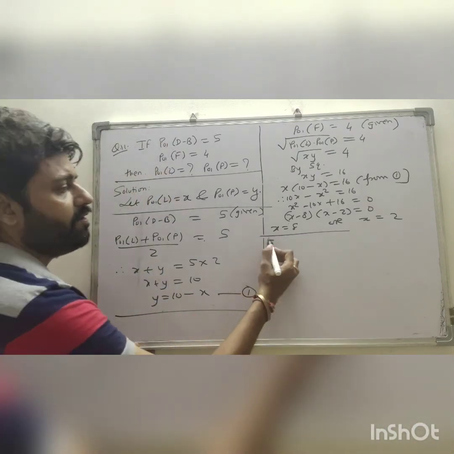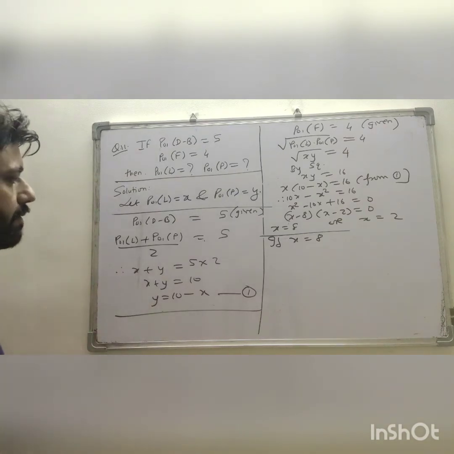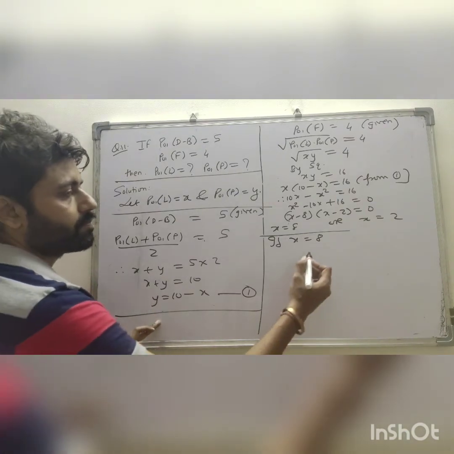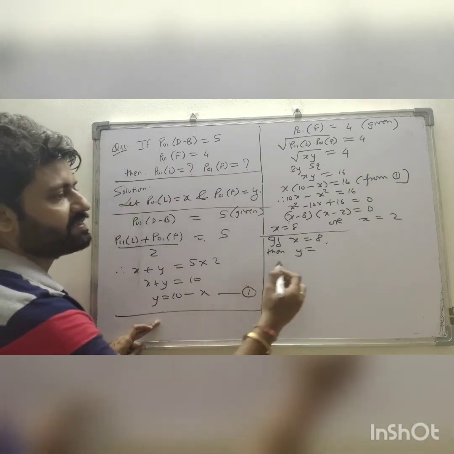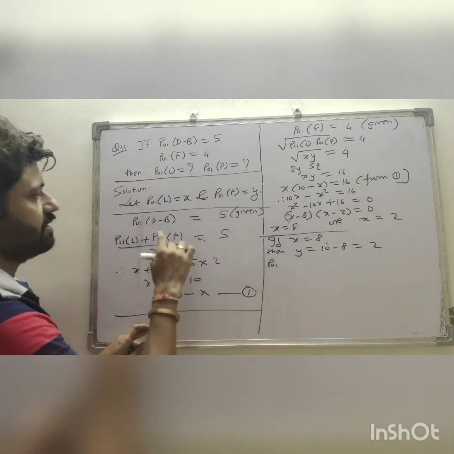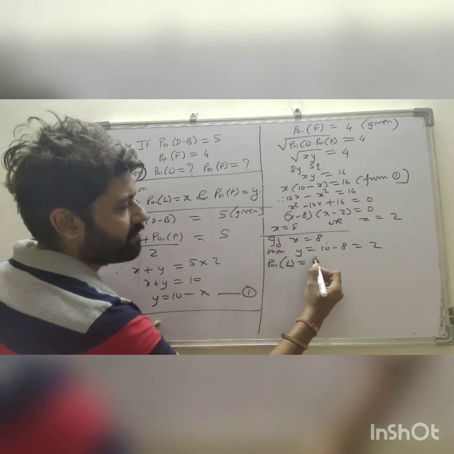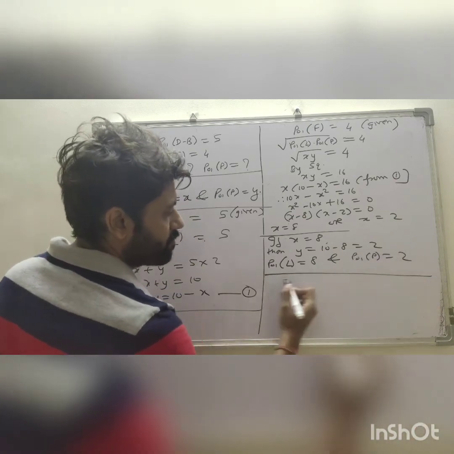Well, if x is 8, then y is equal to 10 minus 8, 2. In such case, Laspeyres will be 8 and Paasche's will be 2.